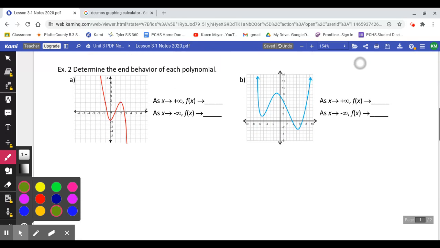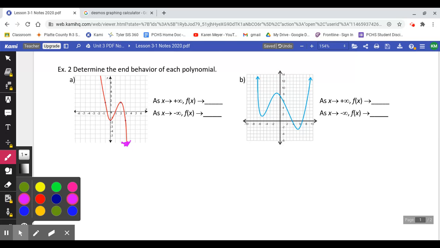So for the first example here, I give you the picture of each graph, and I've typed out what x does, and you just need to fill in what the graph does. For positive infinity, we're over here on the right side. Does everybody notice on the right side that my graph is ending by going down?